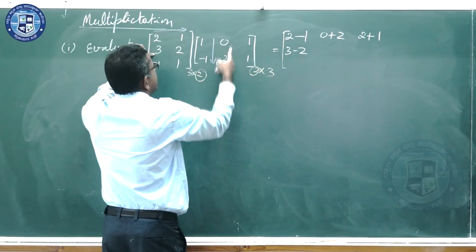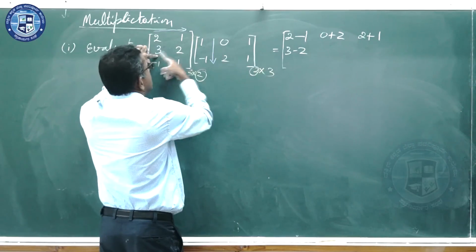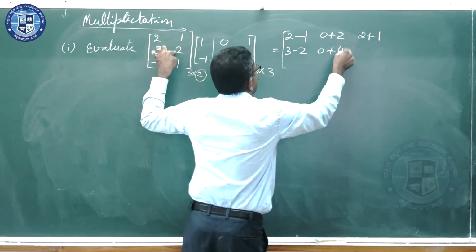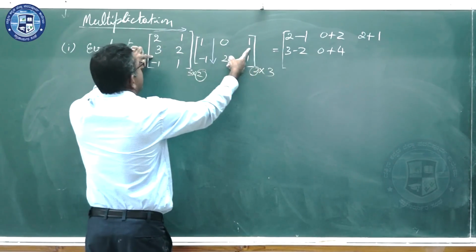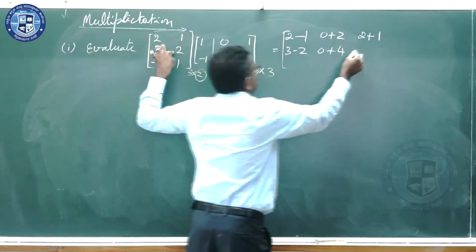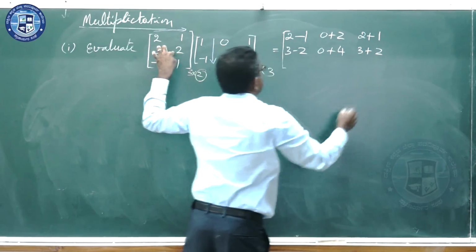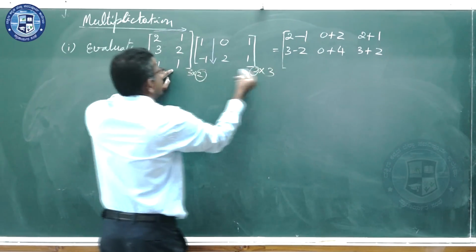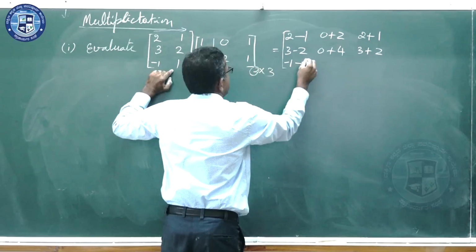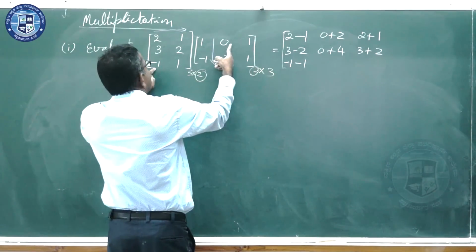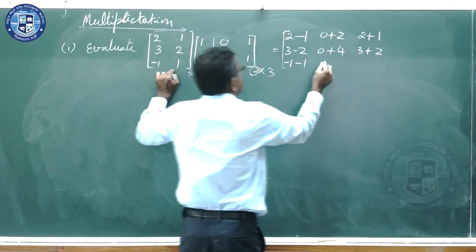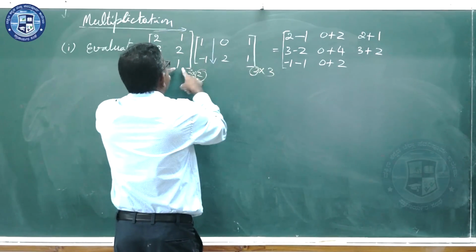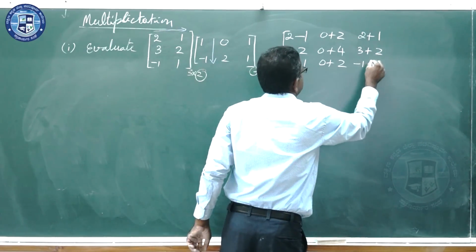The next second row with the second column, it is 0, 3, 0, 2 into 2, 4, 0 plus 4. 3 ones are 3, 2 ones are 2, therefore 3 plus 2. Okay, next we have minus 1 into 1, it is minus 1. 1 into minus 1 also is minus 1, therefore minus 1, minus 1. We have a 0 plus 2. So next we have a minus 1 plus 1.